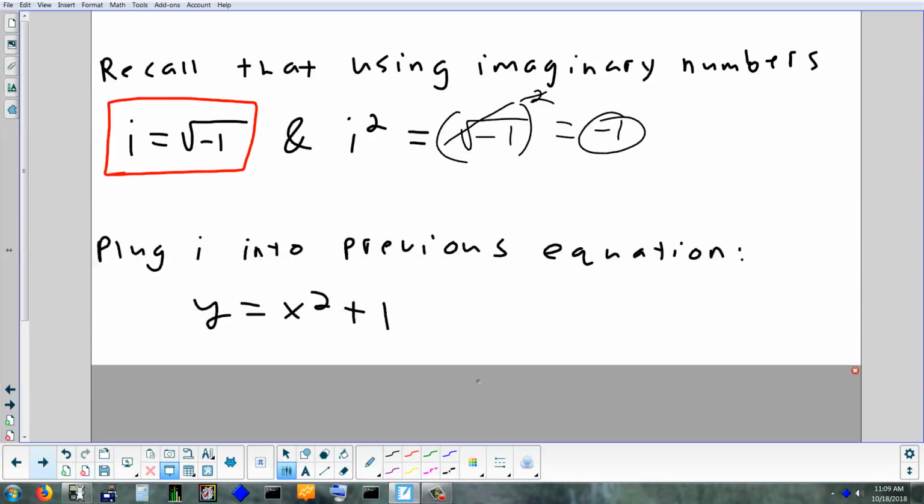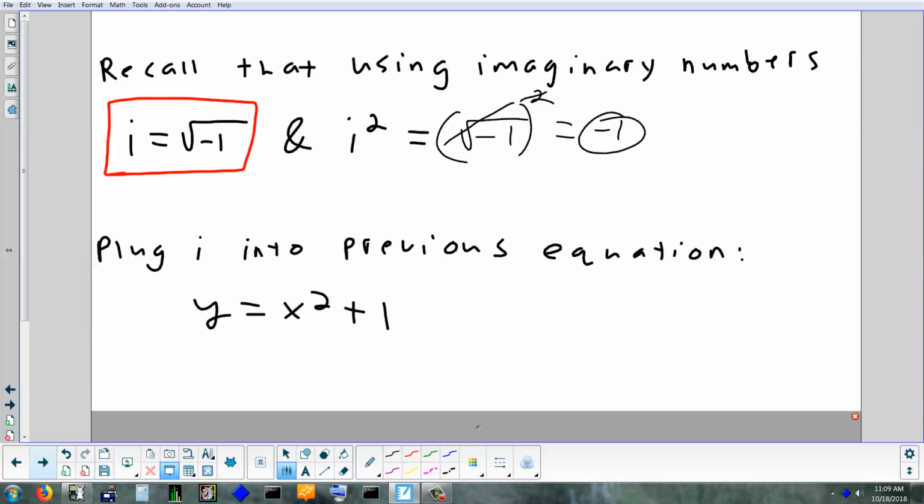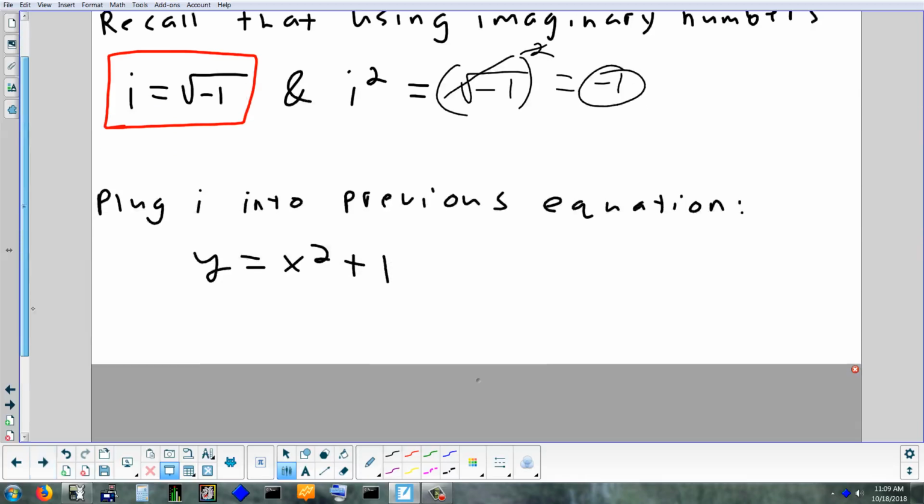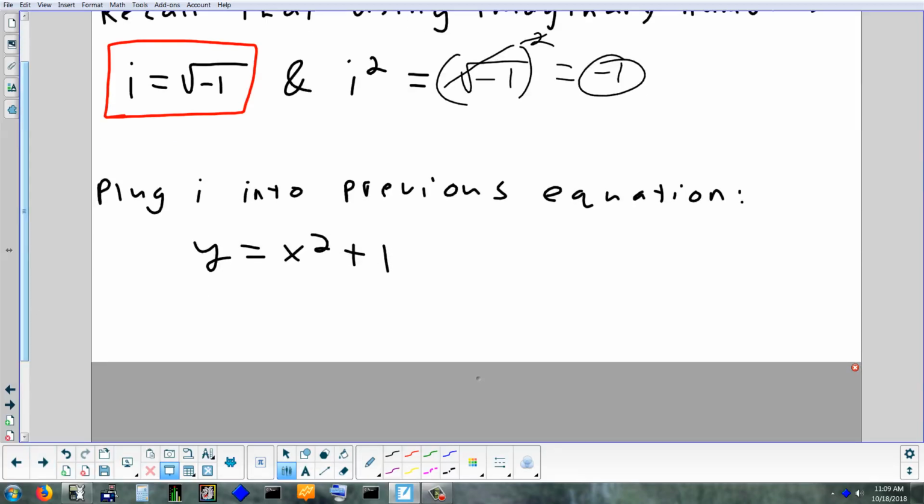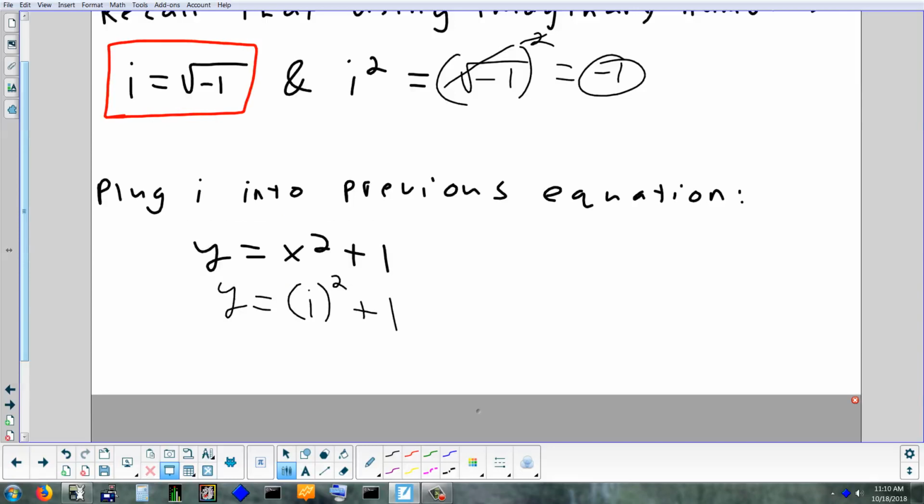Okay. So let's look at the equation we just had and see what happens. Let's plug i into the parabola that I just drew for you. i squared plus 1. What did we just say i squared is? It's -1.